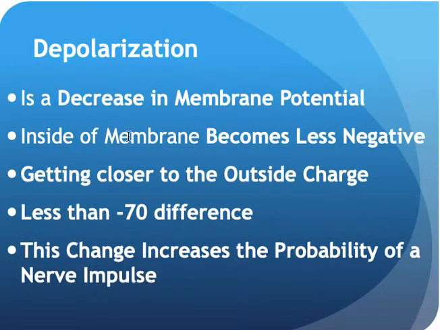And again, you want to realize that the inside is becoming less negative, more similar to the outside, and that difference of negative 70 is going to become less. So it might become negative 50, negative 45, negative 35. And this is the really important part for the multiple choice: this depolarization is going to increase the probability of us producing a nerve impulse.